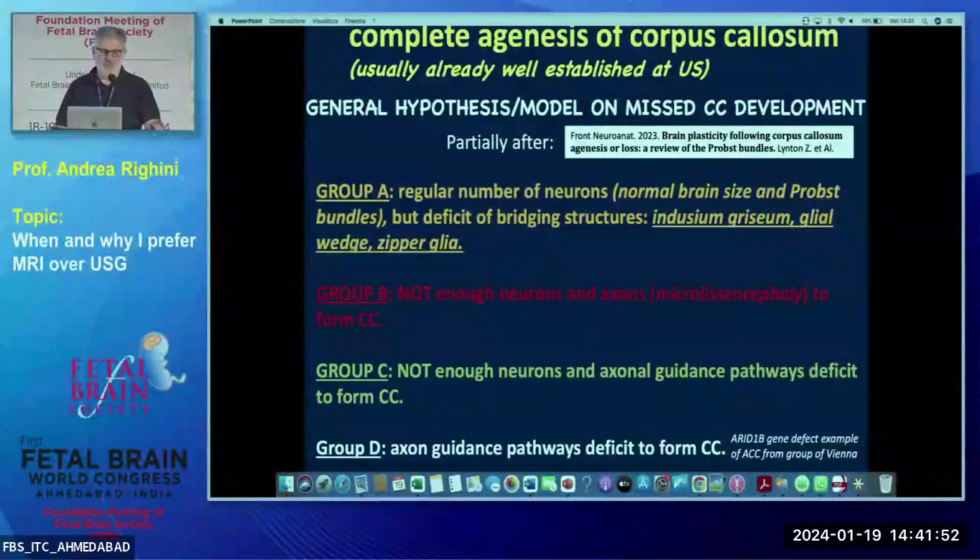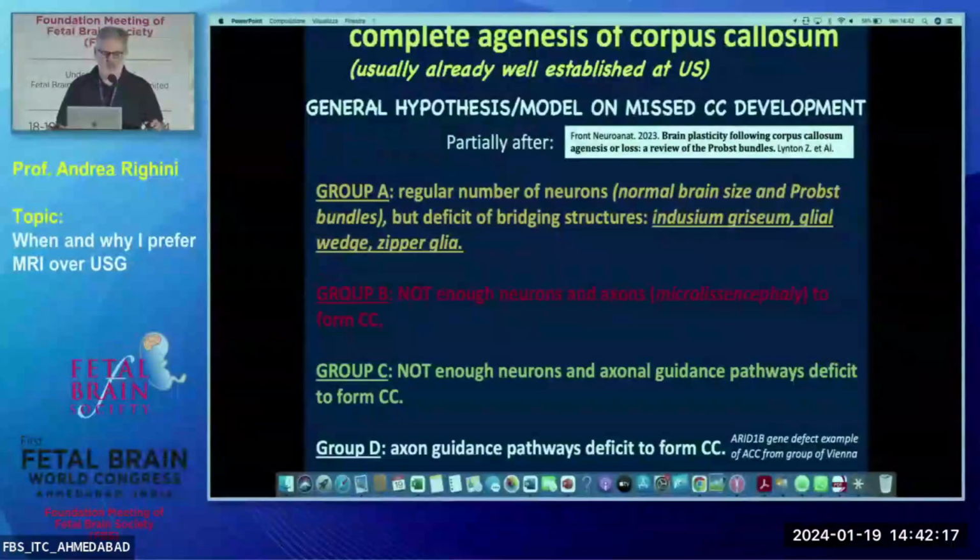Probably the largest one is where you get a regular number of neurons in the cortex and the brain, so it actually shouldn't be so abnormal, but what is not normal are the structures that make the bridges, like the indusium griseum, the glial wedges, the hyperglia between, which make it possible for the axons to cross the two hemispheres to form the corpus callosum.